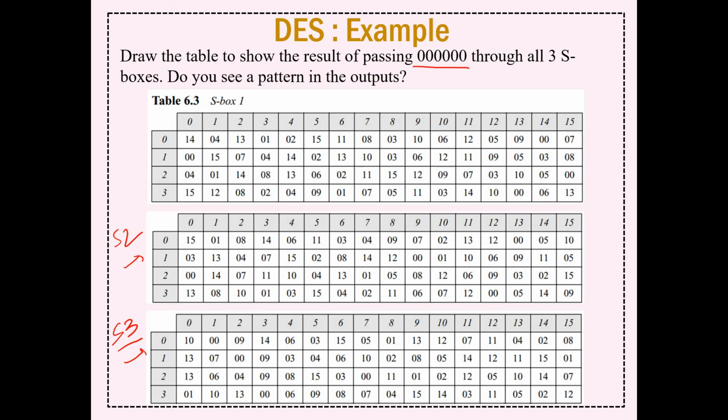You are given these 3 tables. One is for S box 1, the second one is for S box 2, and the third one is for S box 3. Each of them varies accordingly. You have the same data, all zeros, given over here as the input. So what will be the corresponding output for S1, S2 and S3?